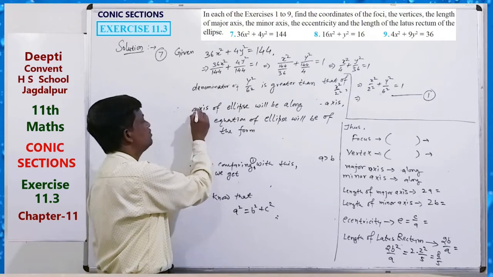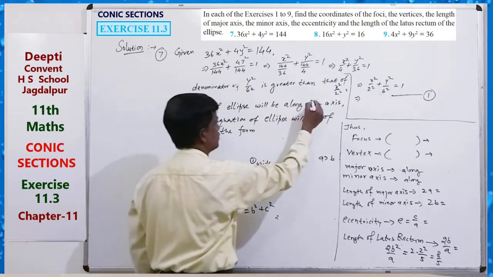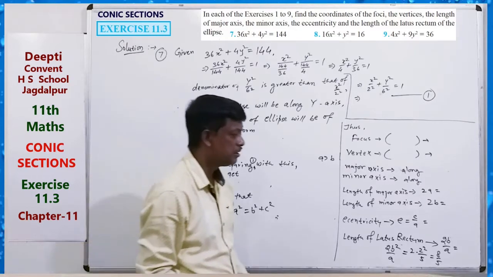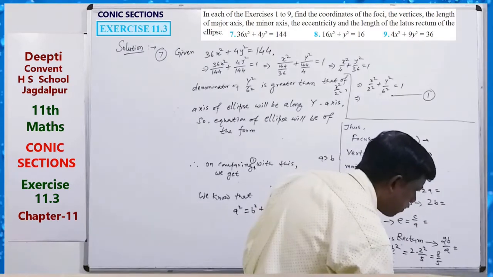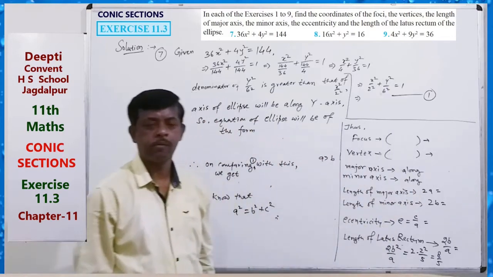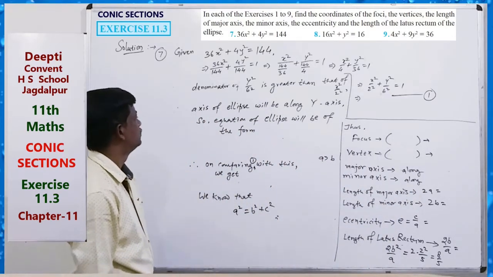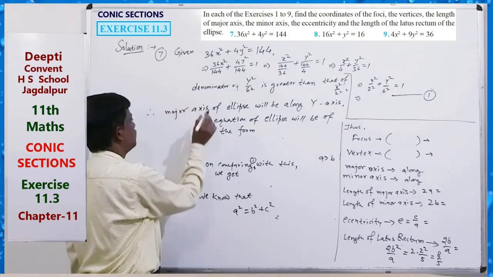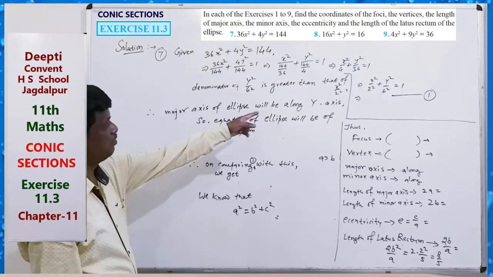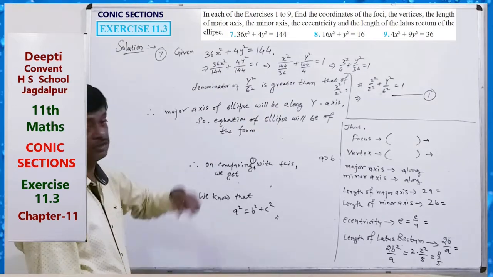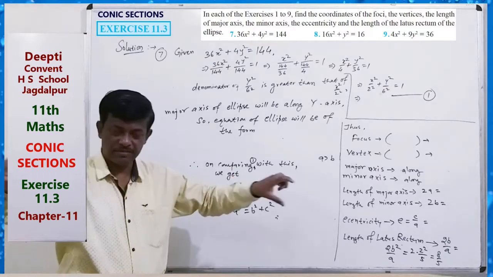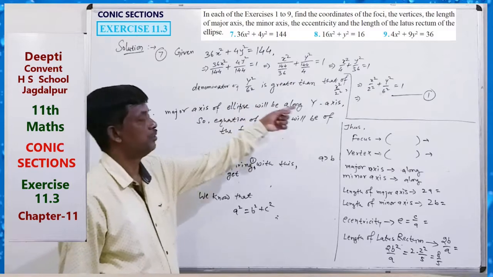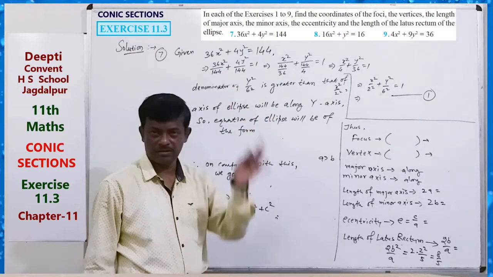Therefore, the major axis of the ellipse will be along the y-axis, and the minor axis along the x-axis.